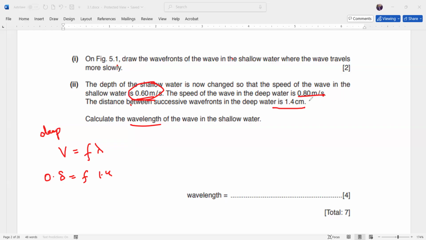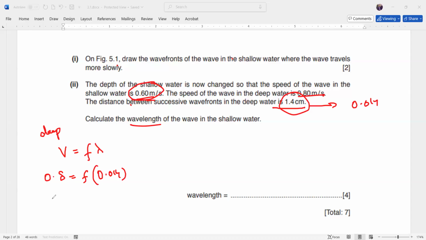It is 1.4 centimeters, so we will convert it into meters. Dividing by 100 gives 0.014. If the speed was given in centimeters per second, I wouldn't have to convert the unit. So 0.014 is multiplied, on the other side it will be divided.